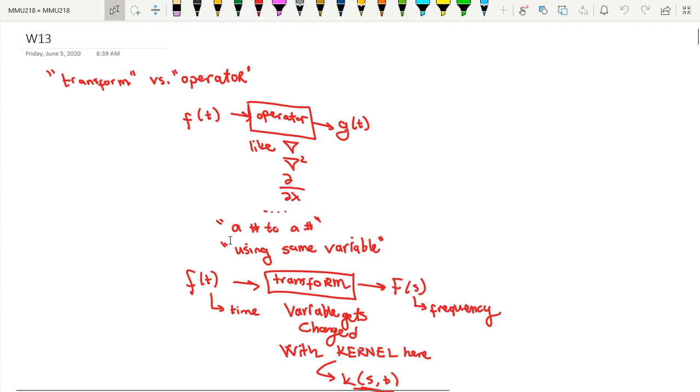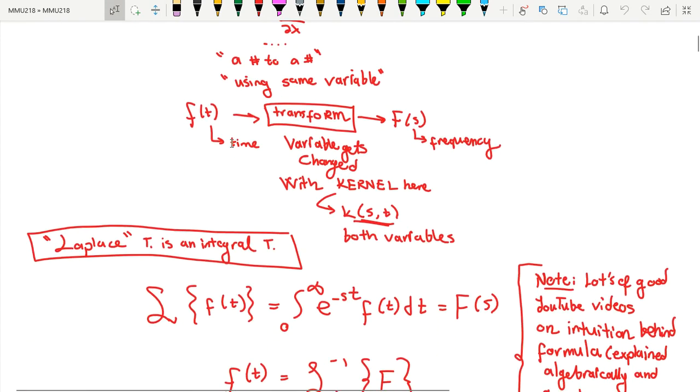They're all putting in numbers and spitting out another number using the same variable. But in a transform, let's say our time variable in your small f function transforms into a capital F function that is in terms of, let's say, s. In Laplace transform, in many cases we use s for frequency.